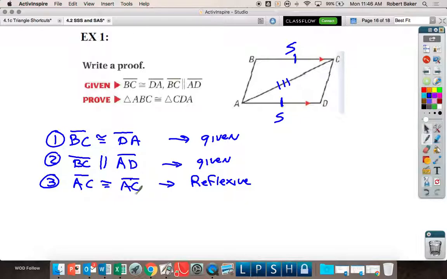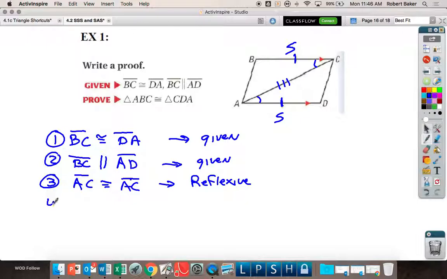Now the last part is, you have to pick the right angle. Which one are we picking? This one? This one? So you have to be able to correctly name those angles on your test.